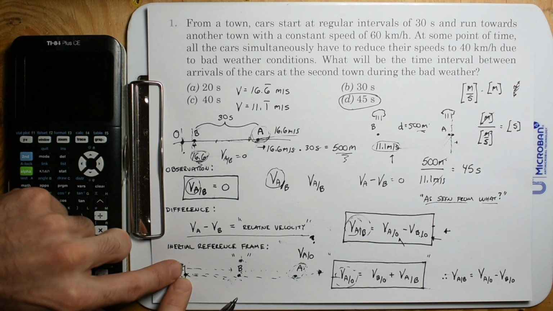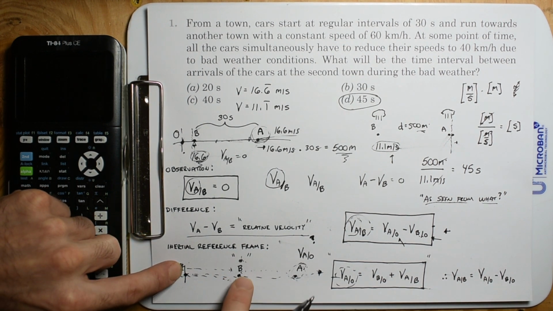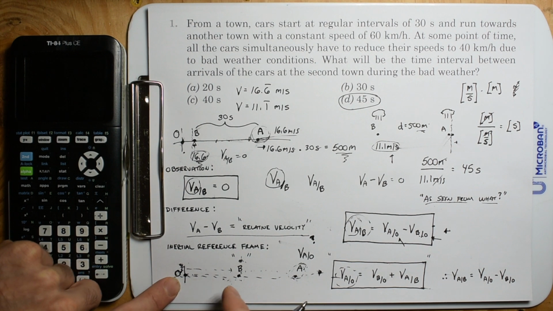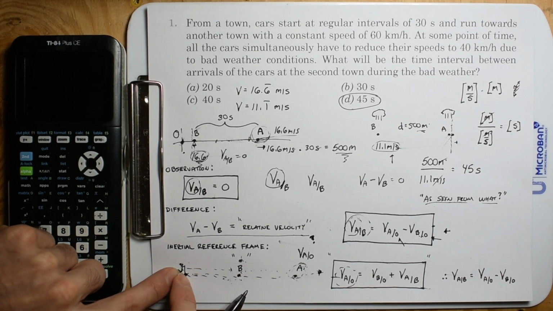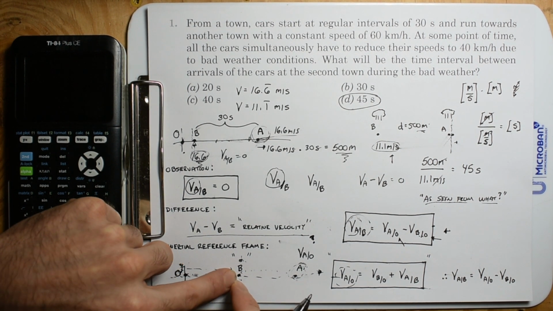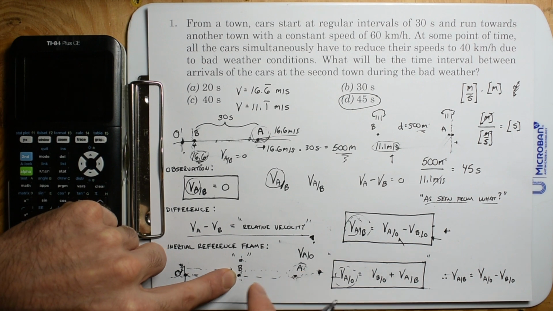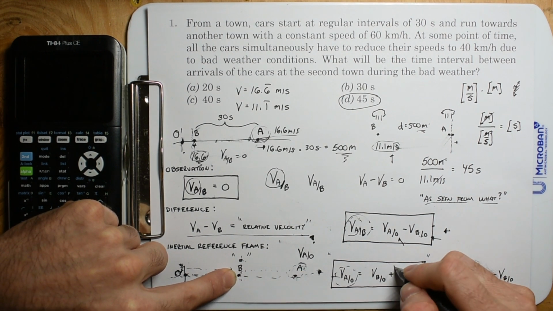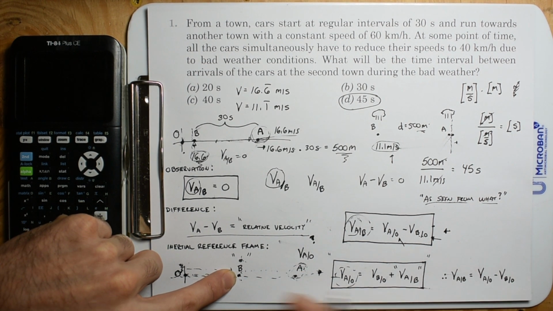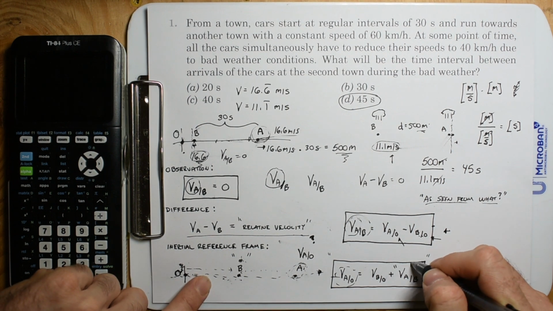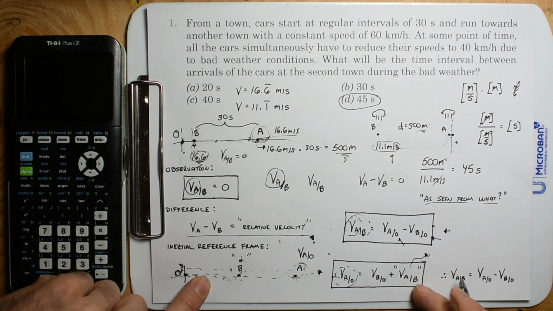But you start from here, you want to go from here to there to there. Your first one is going to be the velocity of B with respect to O. Come to this point. Then it's going to be the velocity of A with respect to B. And this term is our relative velocity. So we went through that whole process just to be like, oh, we have to know our relative velocity.